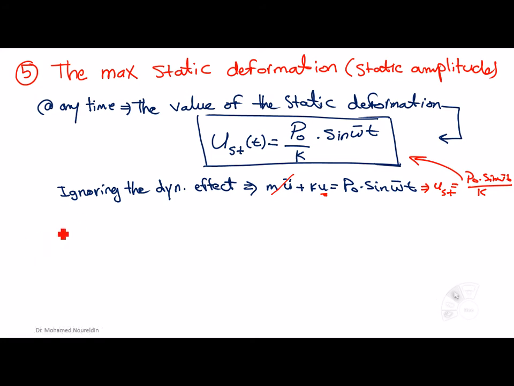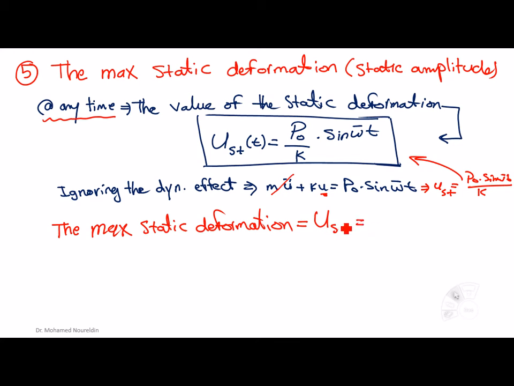So we can say the maximum static deformation, take care of the word maximum, is going to be what? If this is the value of the static deformation at any time, P node over K sine omega bar t, then our maximum static deformation, denoted U static only, equals what?